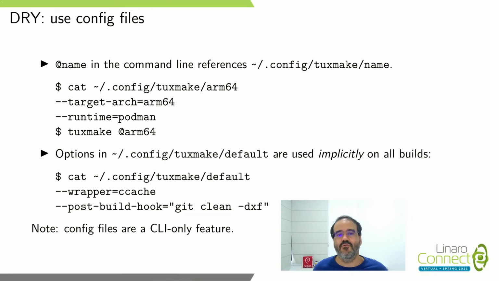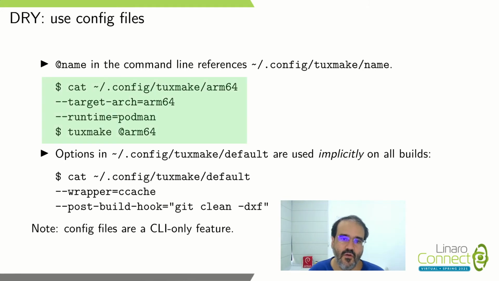Using TuxMake, you may find that several options are useful, and you want to use them in all your builds. So TuxMake supports configuration files using the @name convention. When you use tuxmake @name, that's going to load a configuration file in .config/tuxmake/name in your home directory.